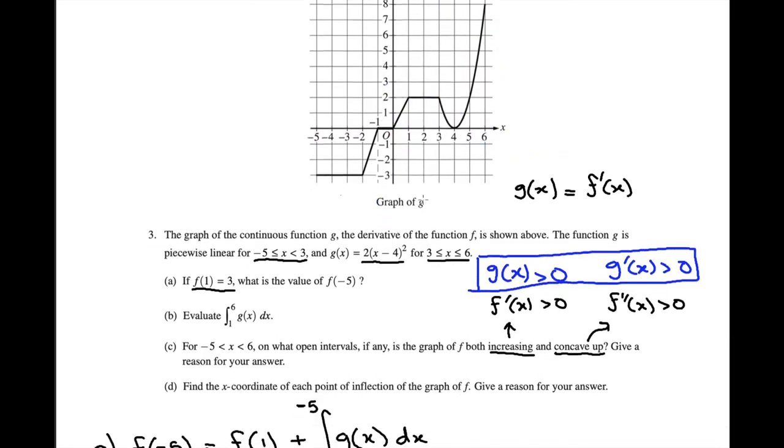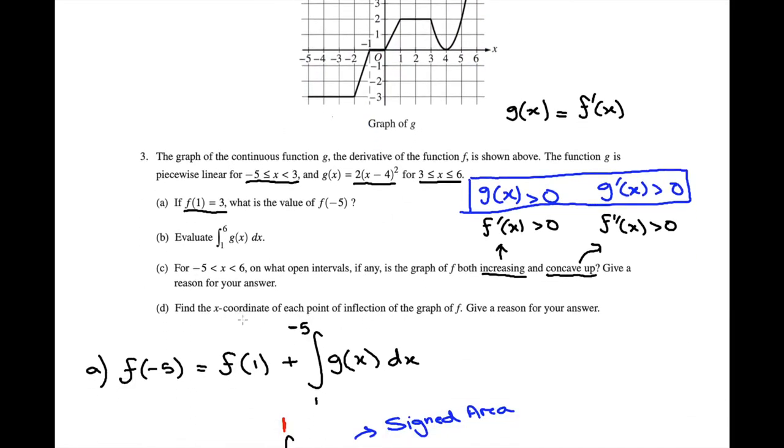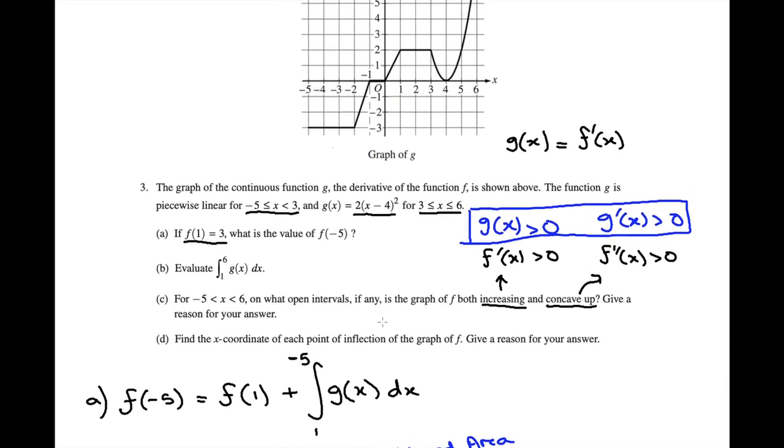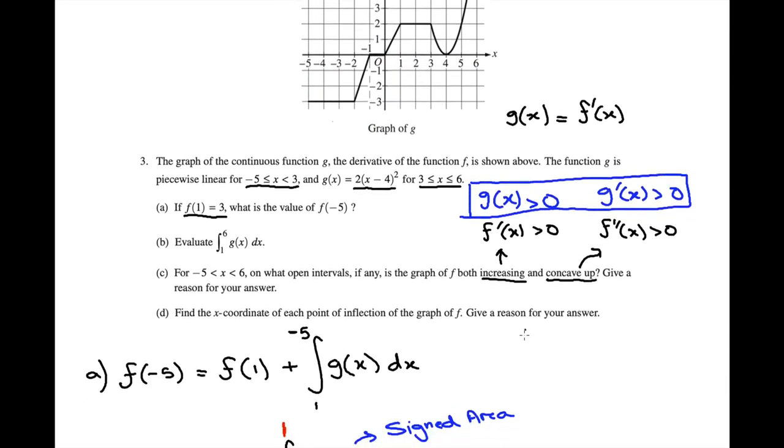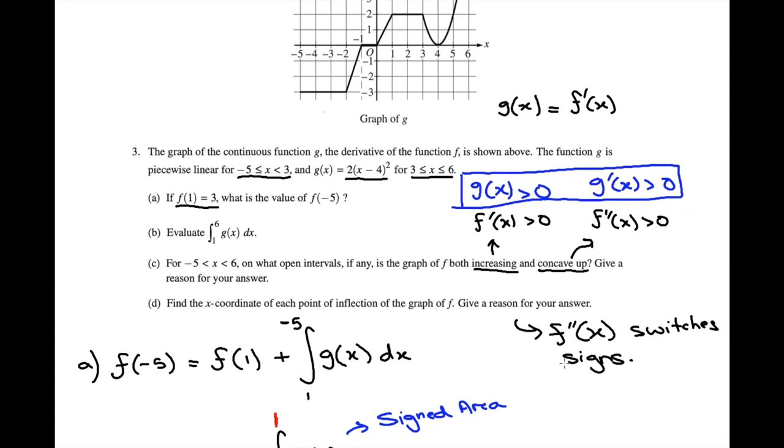Points of inflection, remember, are places where f double prime of x switches signs, from positive to negative or negative to positive. But since we're not talking about f double prime of x, we only know about g of x, we're looking for where g prime of x switches signs.